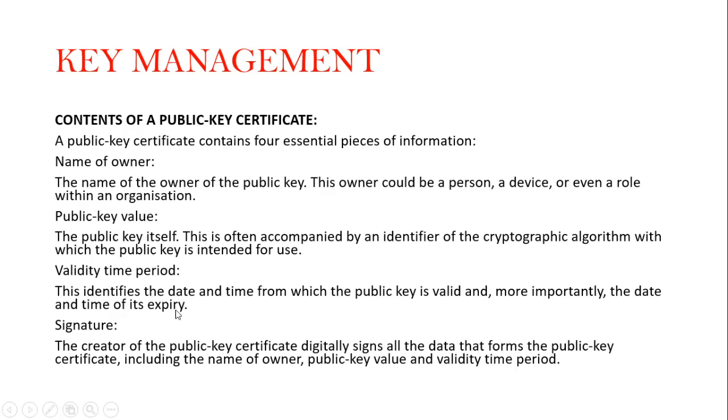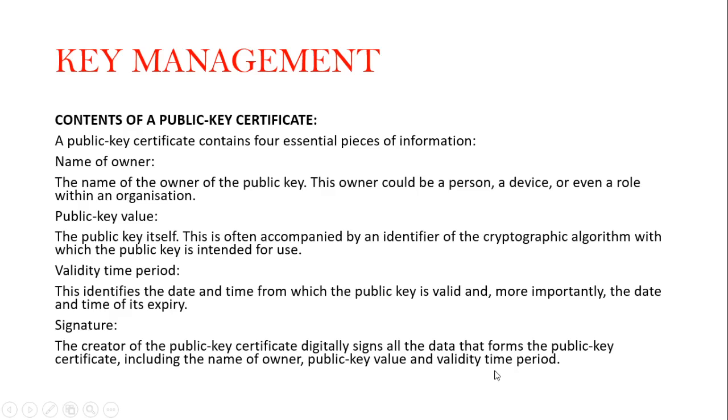This identifies the date and time from which the public key is valid, and more importantly the date and time of its expiry. Signature: the creator of the public key certificate digitally signs all the data that forms the public key certificate, including the name of the owner, public key value, and validity time period.